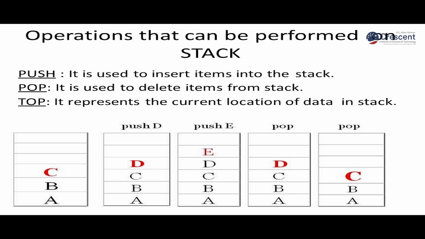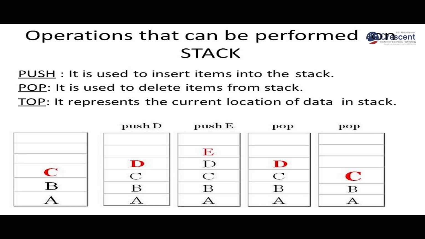So here you can see the example that we have one stack which already has A, B, C data. Now we want to push D on this stack. So we will use the push operation and then we can insert the data onto the stack. Now if you call the top, then top will return the D which you recently pushed onto the stack.